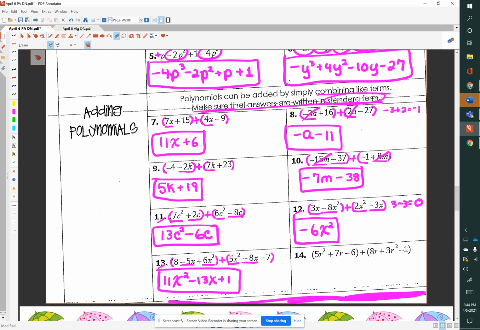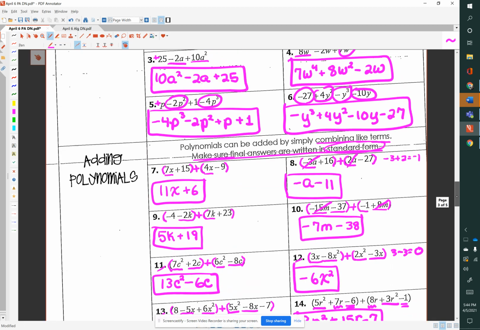I added an r squared and an r term, and you can't do that. That's not combining like terms. 5r squared plus 3r squared, that's 8r squared. And then 7 plus 8, 7 and 8 are 15, so that's 15r, and that's an invisible 1 there, r to the first power. Then we have negative 6 minus 1, which is negative 7. And that's our final answer there.